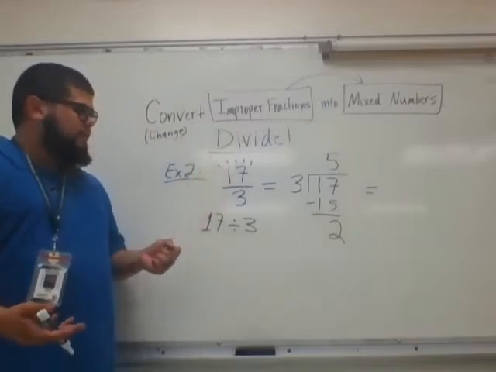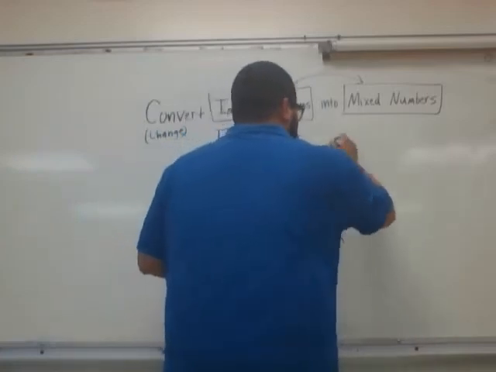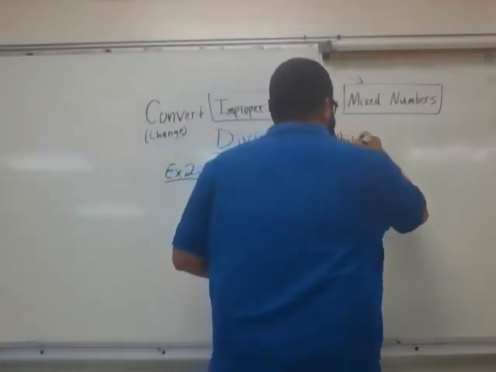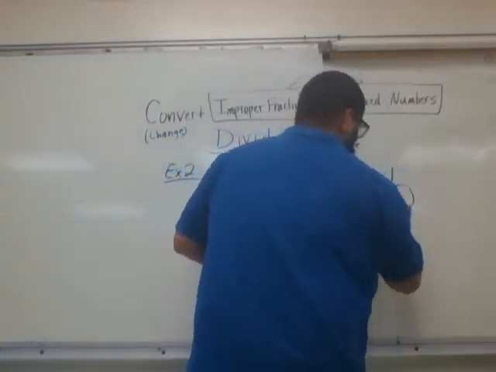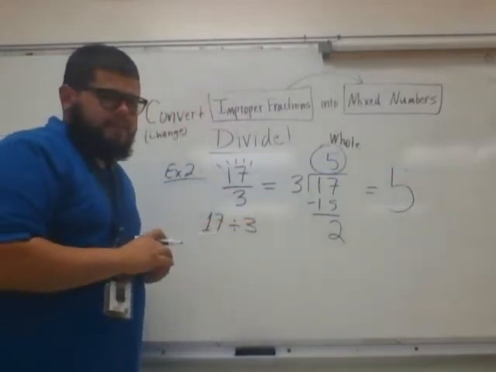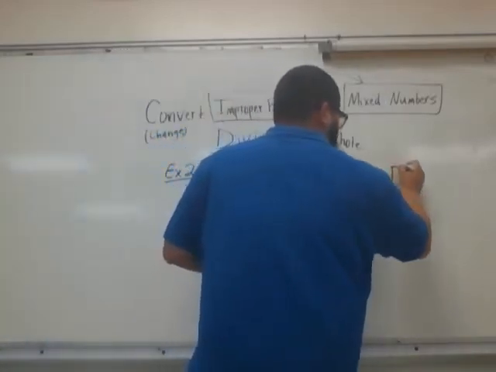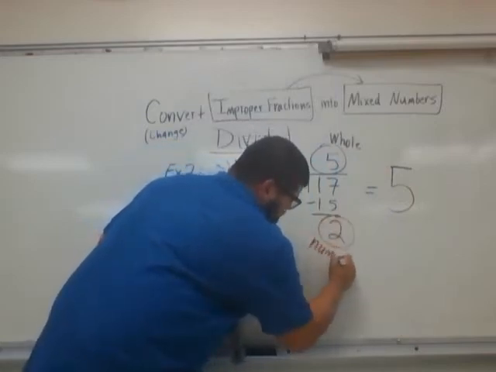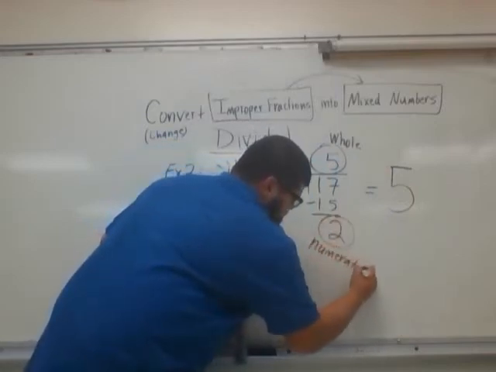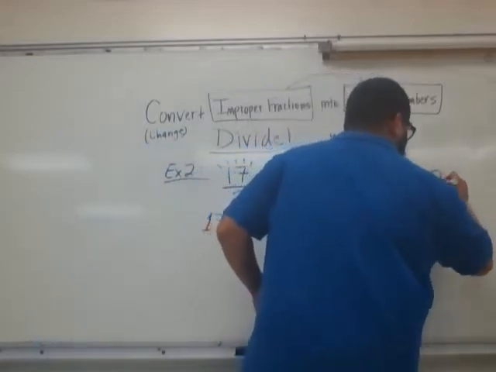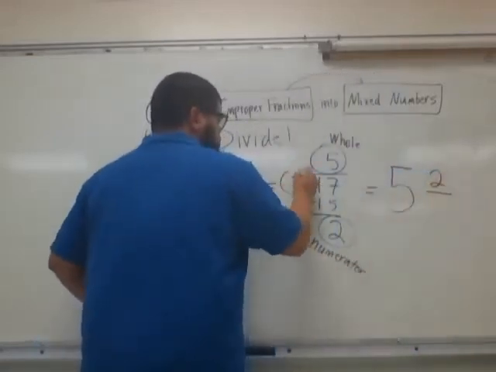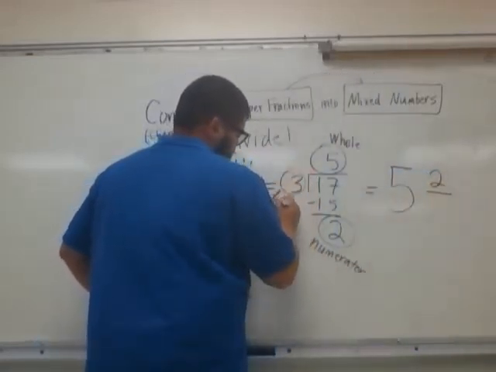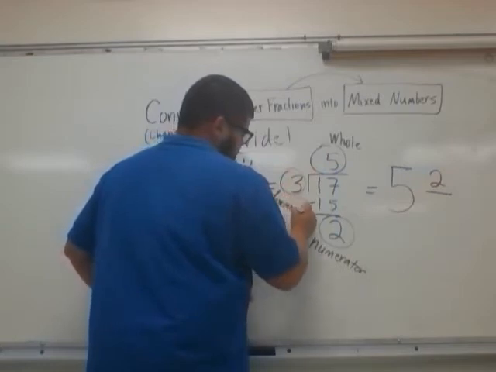And so the way we're doing that is, remember, we call the 5 our whole number, giant capital 5, right? And so we call this one down here our numerator, which goes in the numerator. And this 3 is our denominator.